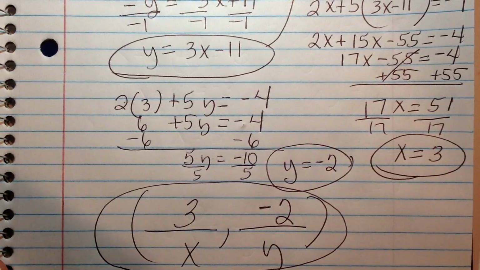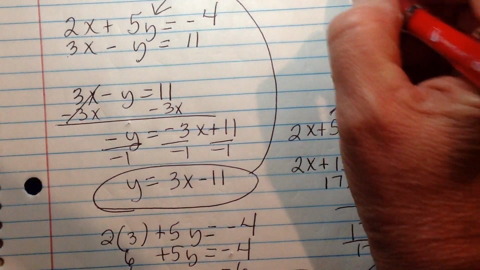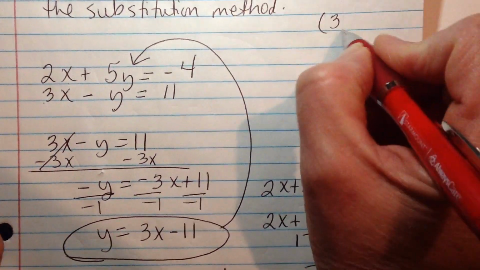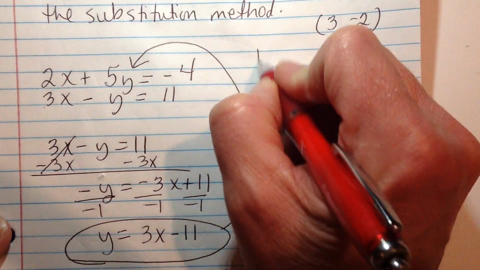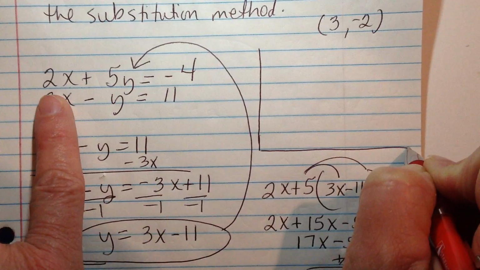To check it, let's go back and substitute both of these letters, x and y, into both of the original linear equations, and see if the left side equals the right side. So I have the point (3, negative 2) that I'm going to be testing. I'm going to substitute it back into the original two equations.